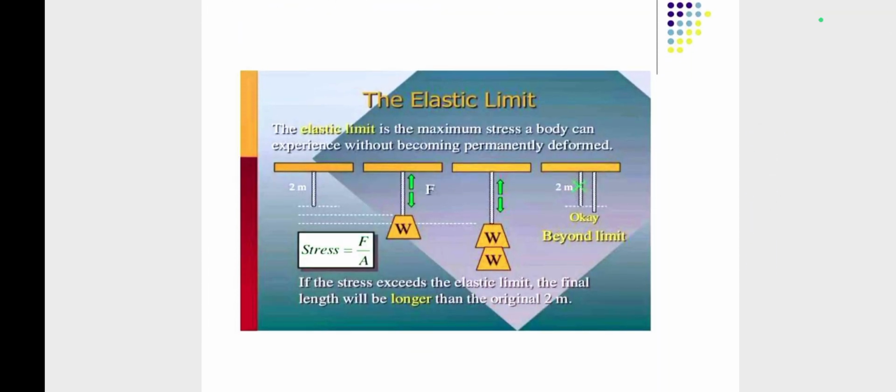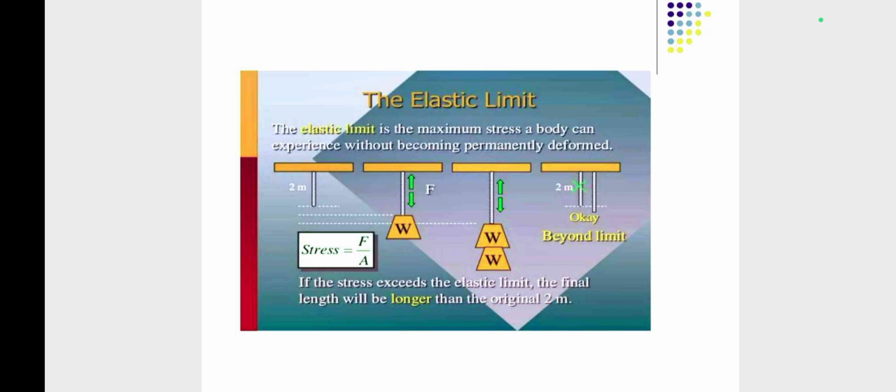An example is shown here. There is a hanging metal rod of 2 meter length. When the weight is attached there, an extension of the rod takes place. The stress induced in that material can be given by the formula F upon A, where F is the total weight of the body converted into Newton.